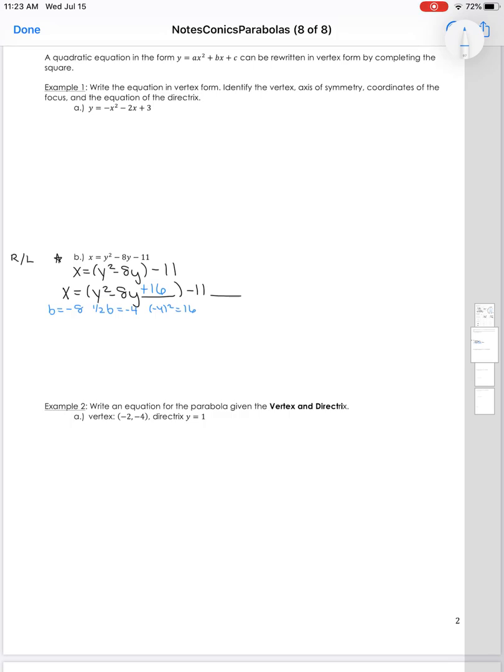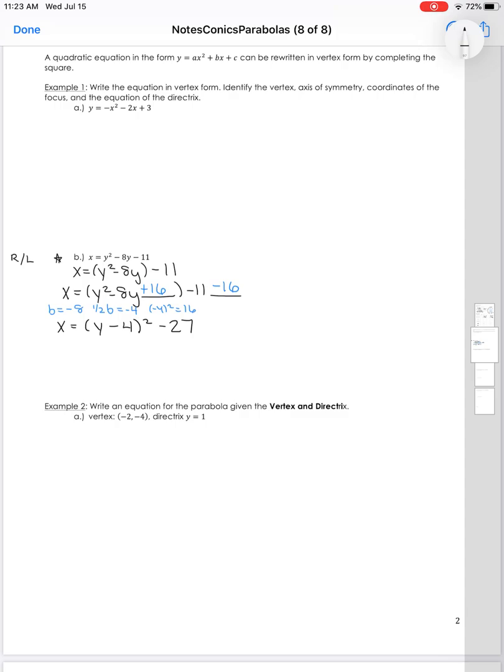Now, the other difference is that if we are adding it in the parentheses, given that everything is being done on one side of the equation, I can't add it in both locations, because that just means I added two 16s, which changes the whole value of the equation. So if I'm going to add it inside the parentheses, I need to subtract it outside of the parentheses. It needs to be the opposite operation of what you did inside.